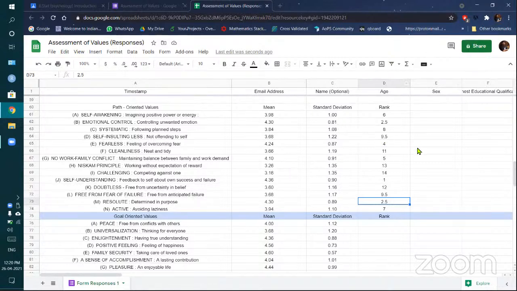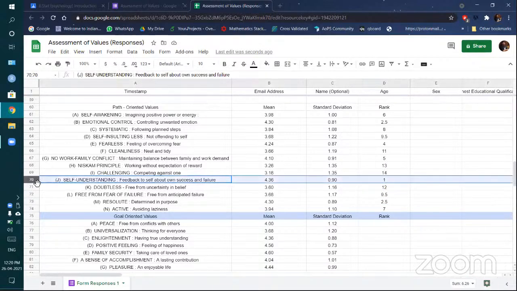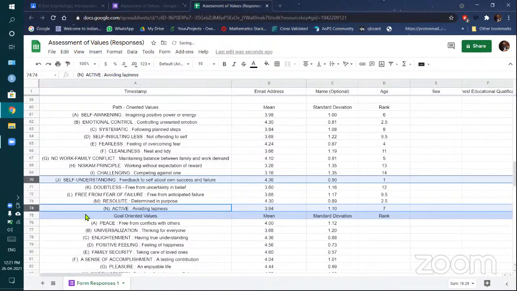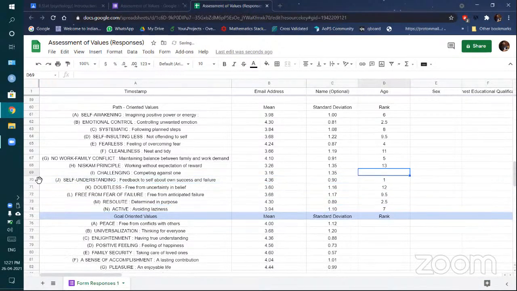Very good student. So now tell me, what are the first five rank values? So they are these. So students are asking for feedback, okay?